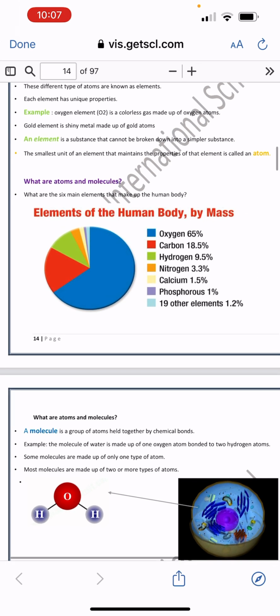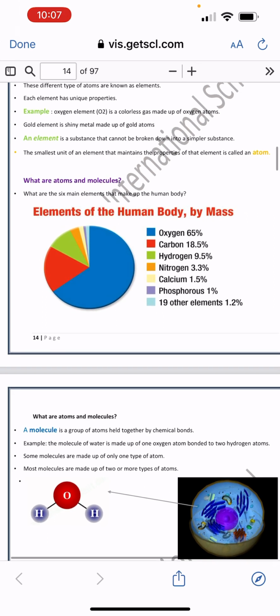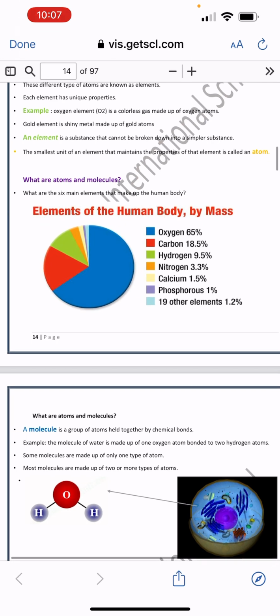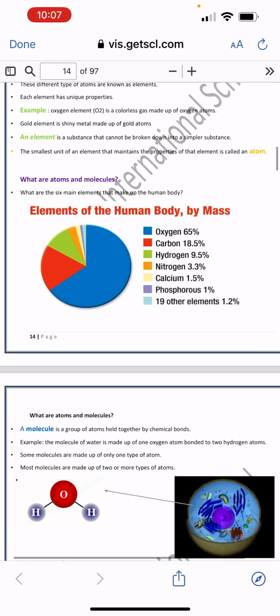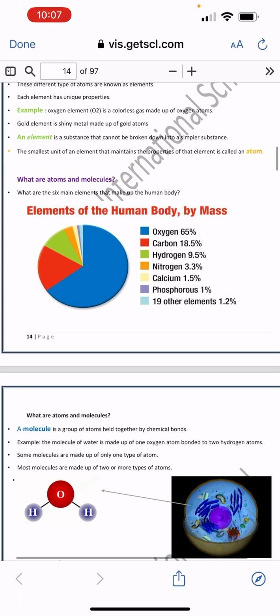When they are a single product, not mixed with anything, it's a pure form. I say oxygen only, I say carbon only, I say hydrogen only. These are elements in their pure form. But when it's mixed with another thing, it's called a compound. So when I say carbon dioxide, it's a compound because I'm talking about two different elements.